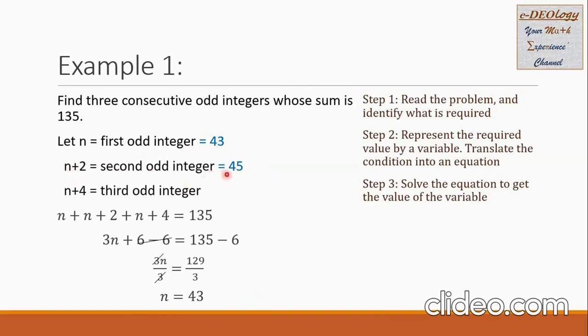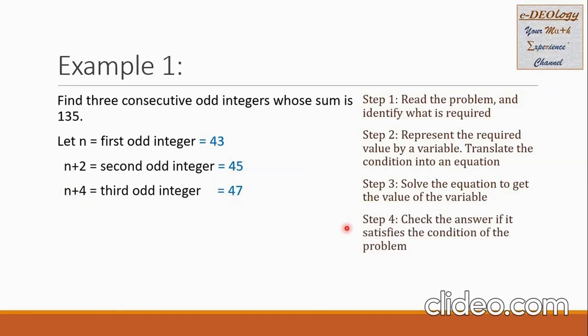And that's where we get this 45. Now for the third odd integer, again we will use the value of n, that is the first odd integer, and then plus 4. So 43 plus 4, we will get the 47.